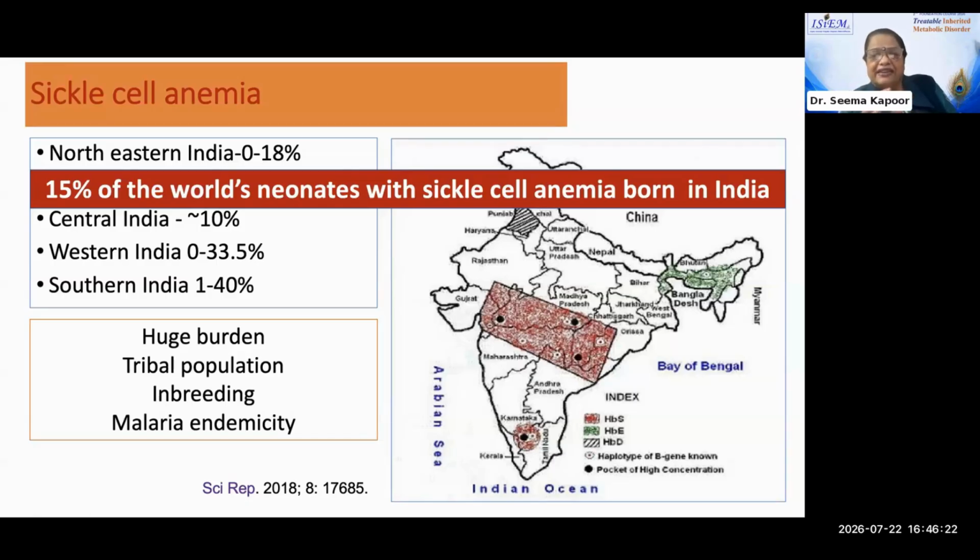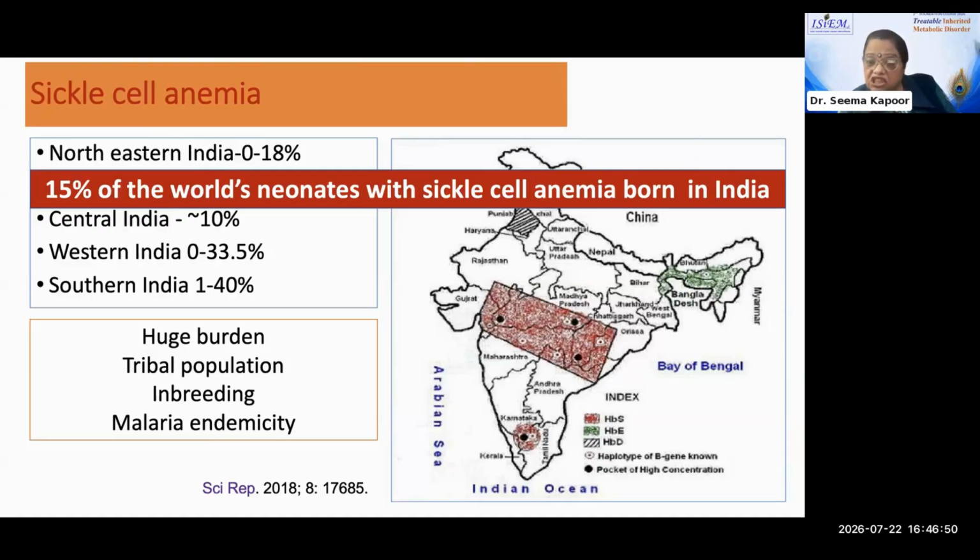So you have to understand there are zonal preferences and you have to understand the difference between a thalassemia and a hemoglobinopathy. A thalassemia is a quantitative defect in the alpha globin chains or beta globin chains. If there is a lesser number of alpha chains, you call it alpha thalassemia. If there are fewer beta chains, you call it beta thalassemia.